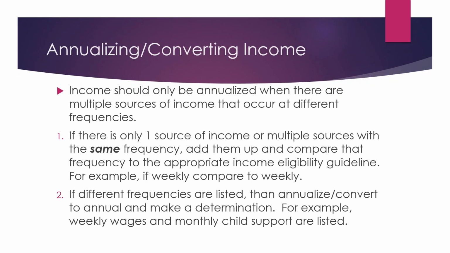For example, if someone's reporting weekly wages in a weekly status and monthly child support, that income would need to be annualized and compared on the chart to the annual on the income eligibility guideline for the number of household members. And we're going to get to that in the next slide on how you convert income.